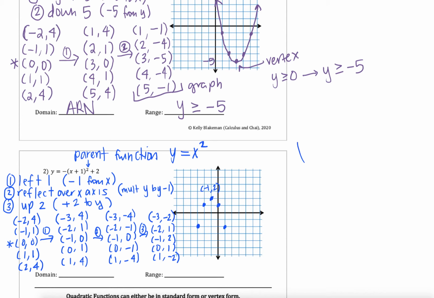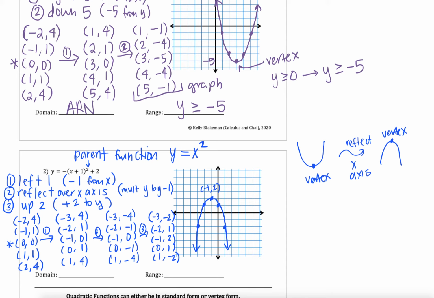Our U shape started facing upright, but because of that reflection over the x-axis, it flips that parabola upside down, so my vertex went from being the lowest point on our graph to being the highest point on our graph. So I'm still going to get this U-shape, it's just going to be flipped upside down. I'm drawing this nice U-shaped curve to the best of my ability on here. Of course, it'd be a lot easier with paper and pencil. The last thing we have to identify is our domain and our range.